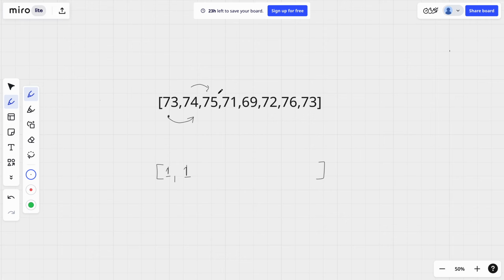Okay, then move to this one. So not this temperature, not this temperature, not this temperature, but this temperature, and that's a total of 4 jumps. Same thing here, so 1, 2, 69, 1, 1, 0, and 0.